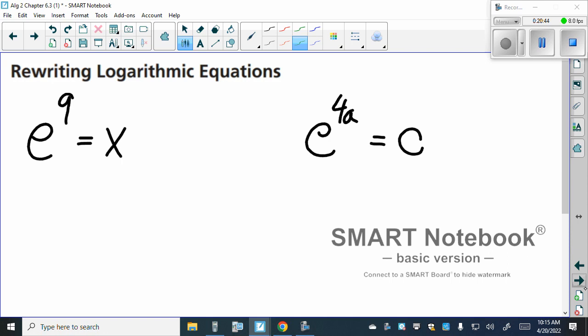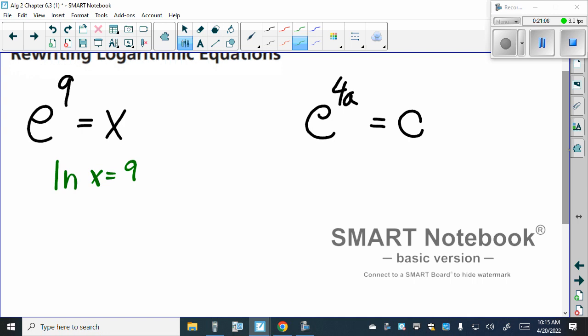Okay, so let's look at these going the other direction. So we have e to the 9 equals x would be? Now, with these here, because e is understood to be the base, we don't have to put it. So the next one, e to the 4a equals c, so ln of c equals 4a.